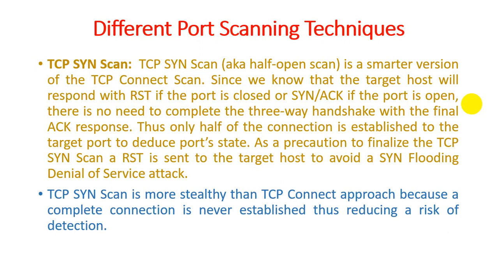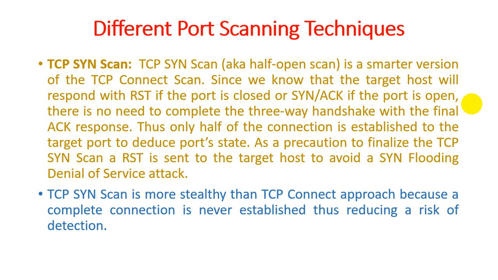Next, the TCP synchronized scan is more stealthy than the TCP connect approach because a complete connection is never established, thus reducing the risk of detection. The connection is never completed, as compared with the TCP connection scan.